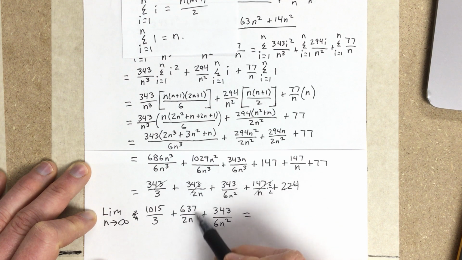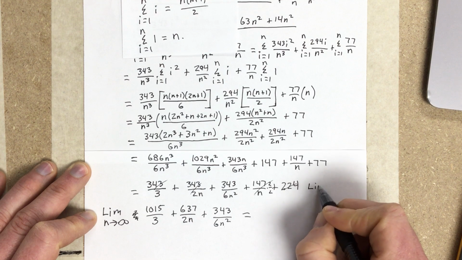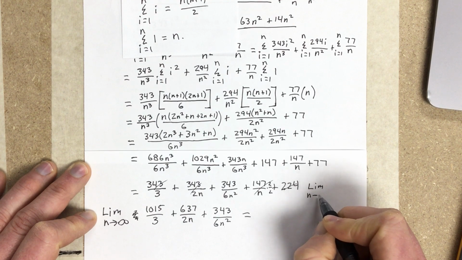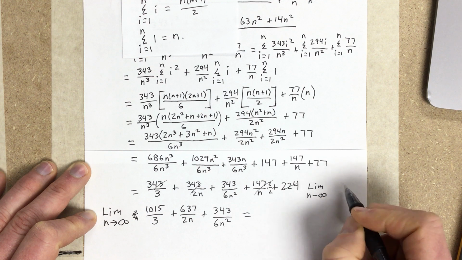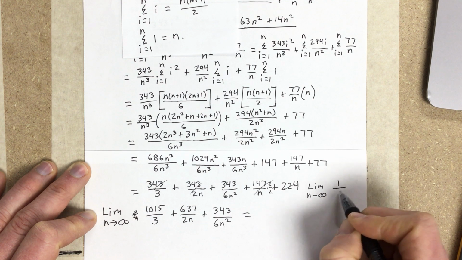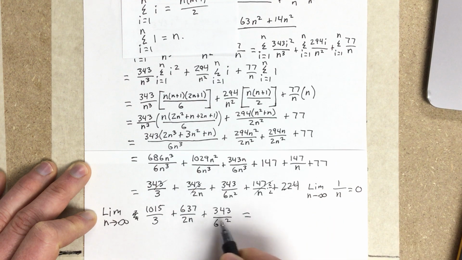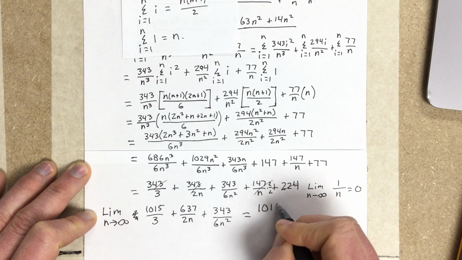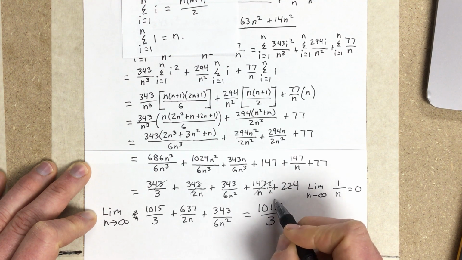Basically, we have 1 over infinity for each of those. We know the limit as n approaches infinity of 1 over n equals 0. So both of these become 0, so our area for the original integral was 1015 over 3.